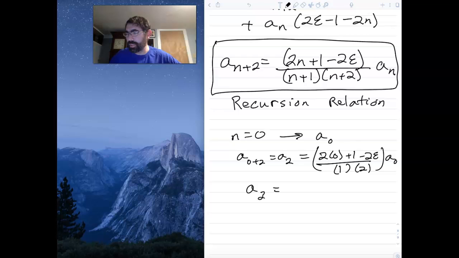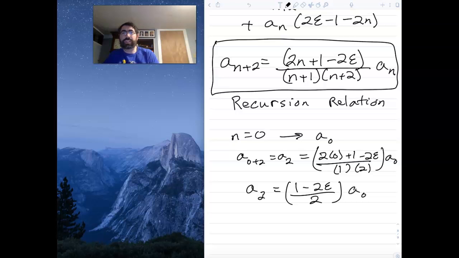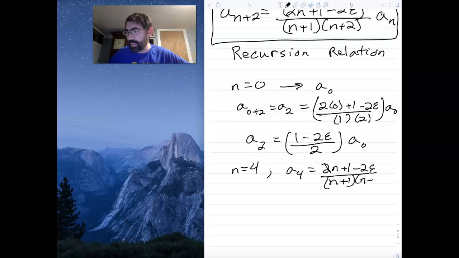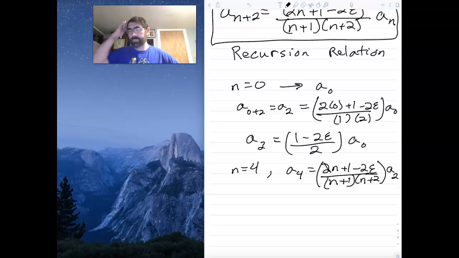So A2 is going to be equal to 1 minus 2 epsilon over 2 times A0. If I now want to get n equals 4, I essentially have A4 is equal to 2n plus 1 minus 2 epsilon over n plus 1, n plus 2, and A2.